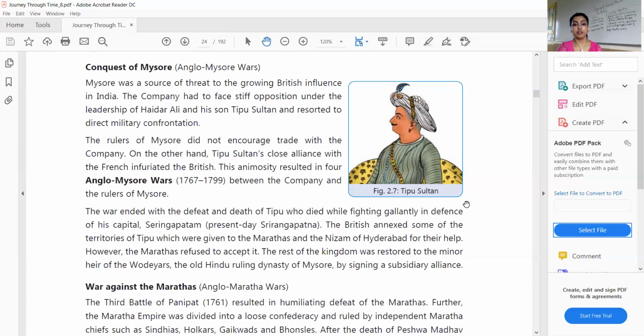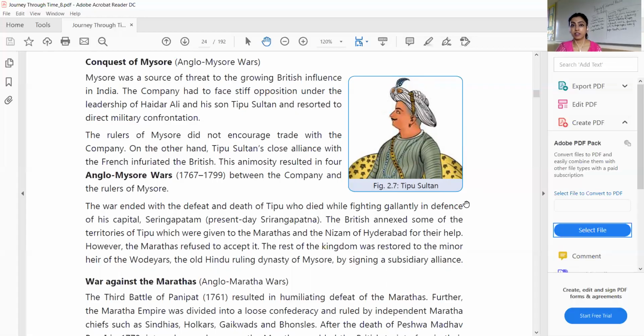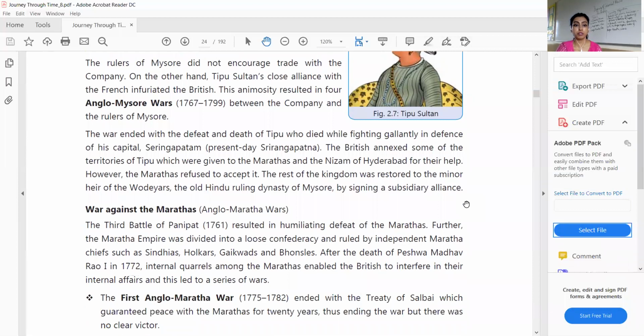So even though a ruler was there, there was this subsidiary alliance. Through subsidiary alliance and also through the Anglo-Mysore war, where Tipu Sultan and the rulers of Mysore got defeated, Mysore came under the direct control of the British.